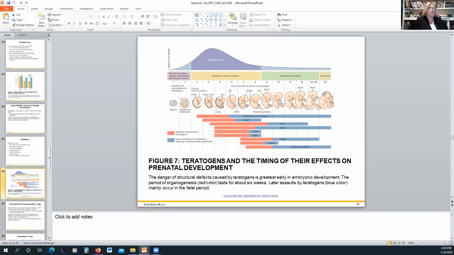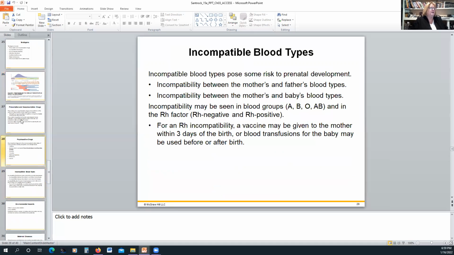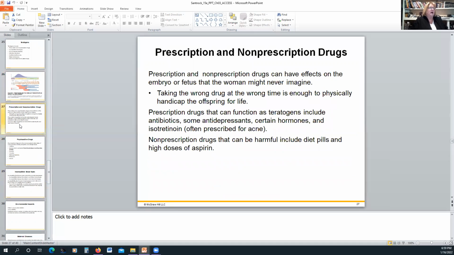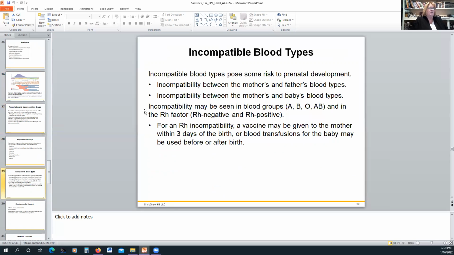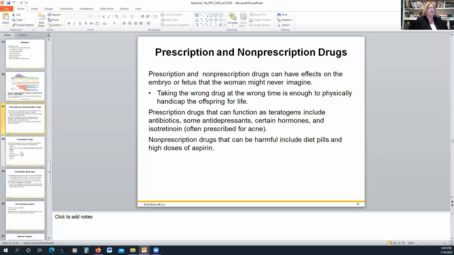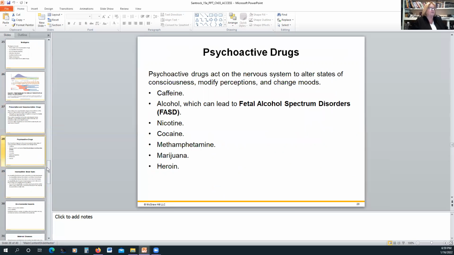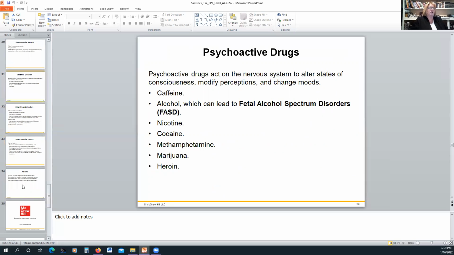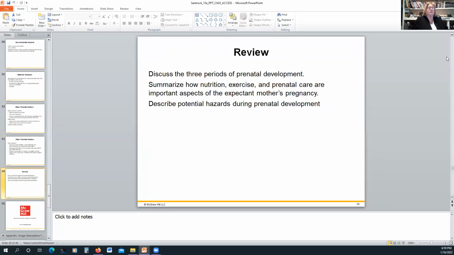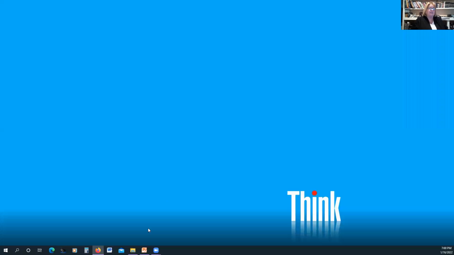So those are teratogens. Again, incompatible blood types, if mom and baby have incompatible blood types with that Rh factor. Looking at prescription, non-prescription drugs and psychoactive drugs and the effects on the baby. So this should all be very familiar to you from your lifespan development class, even if you didn't take it here.